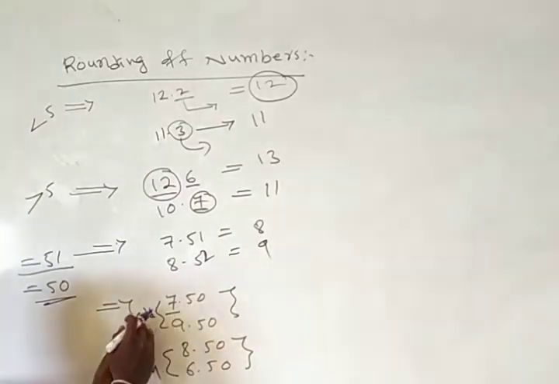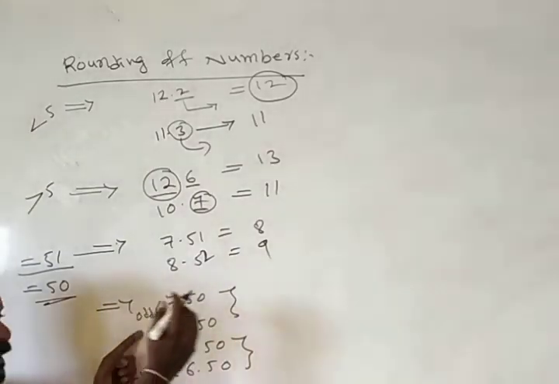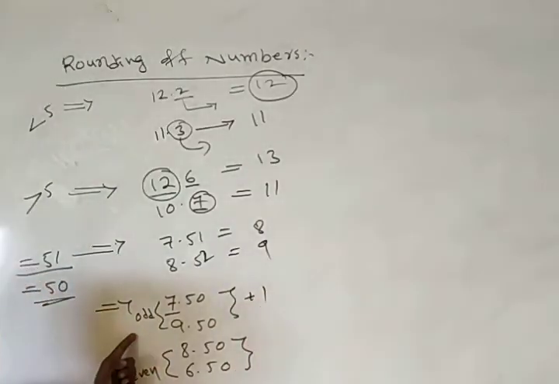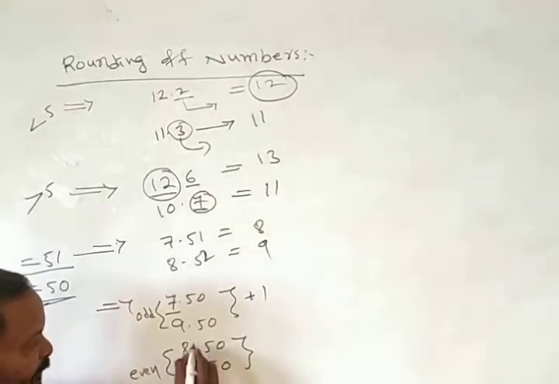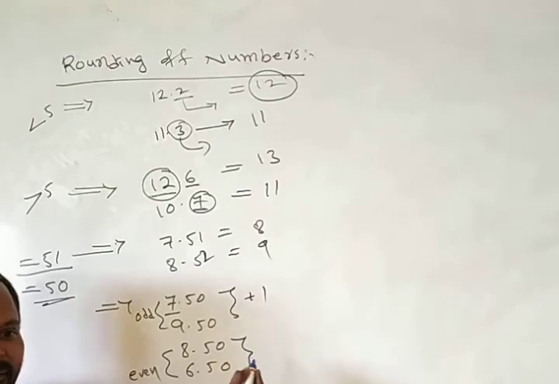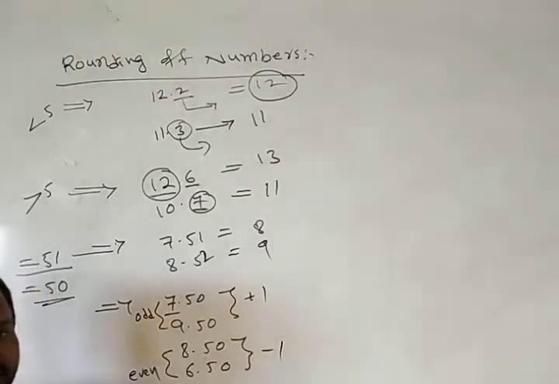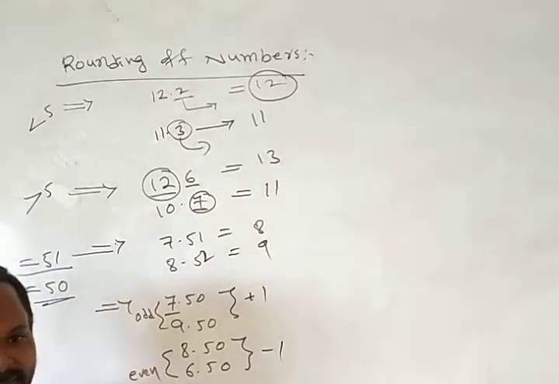If it follows an odd number, increase by 1. If it follows an even number, keep it, decrease by 1. What you understood from this topic: the result should always become even.